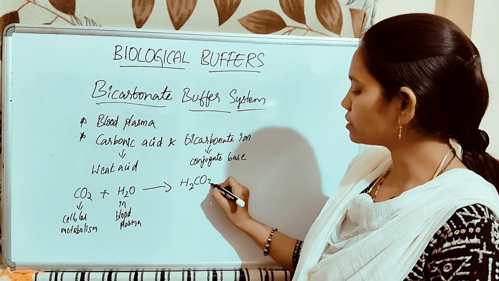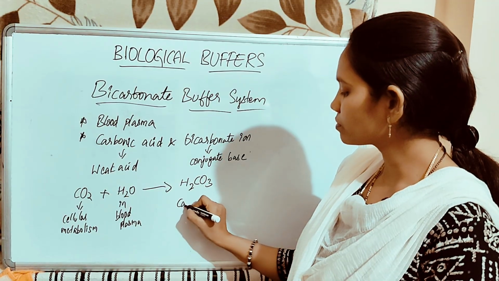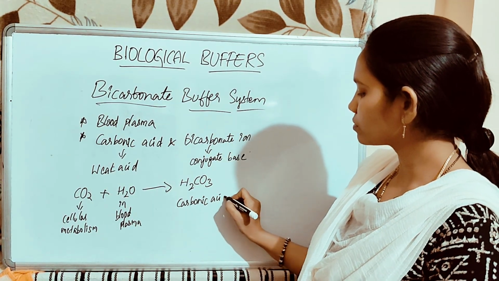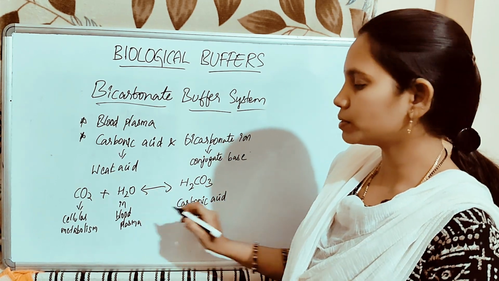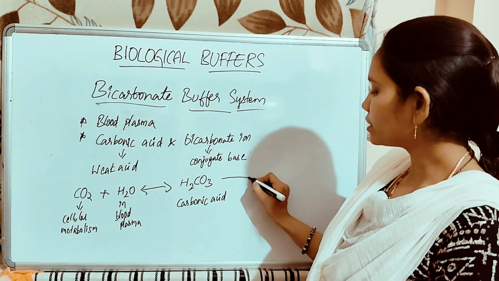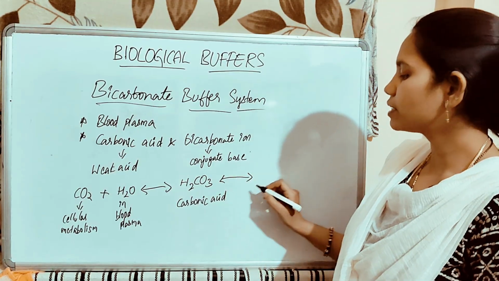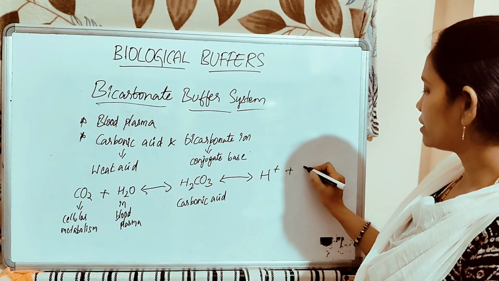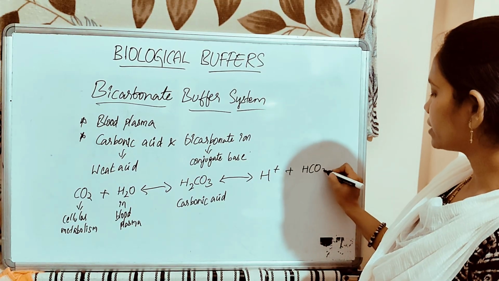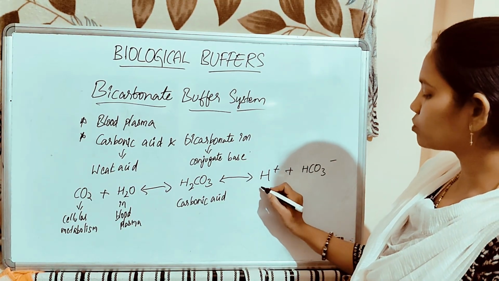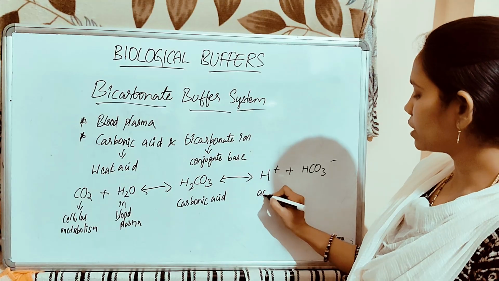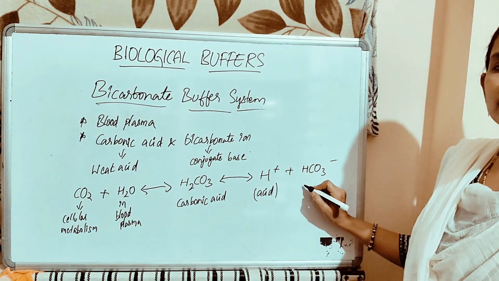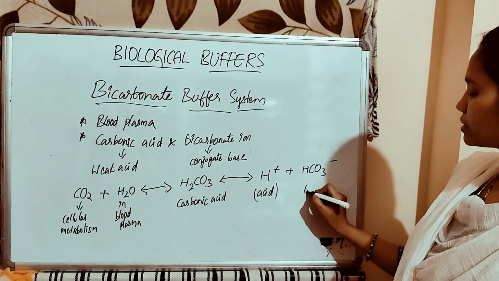Carbonic acid. It is reversible, it goes either way, and this carbonic acid again dissociates into H plus and bicarbonate ion. So here H plus, the hydrogen ion, is the acid and bicarbonate ion is a base.